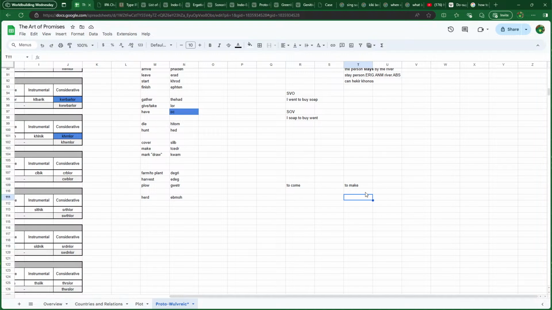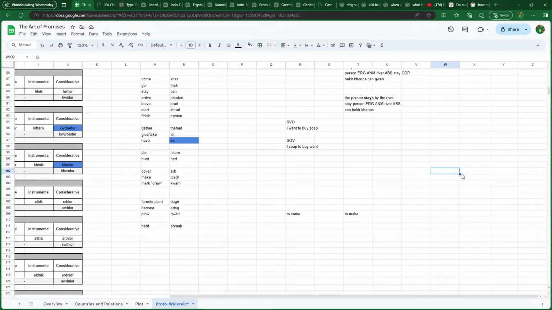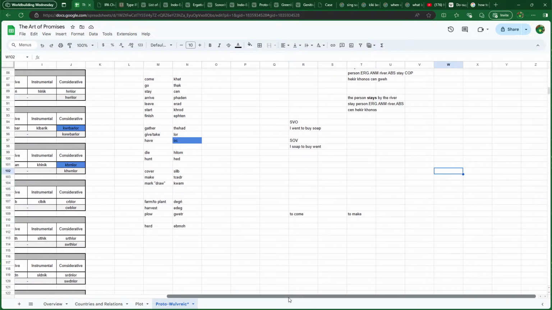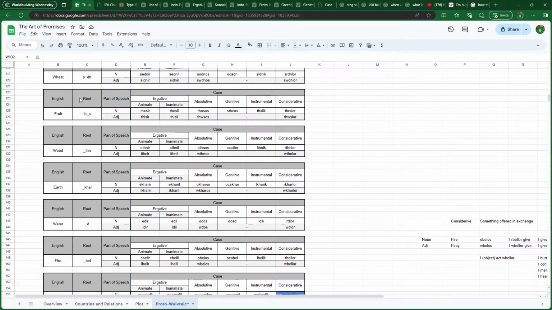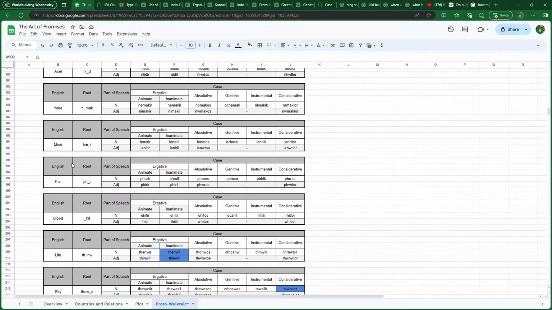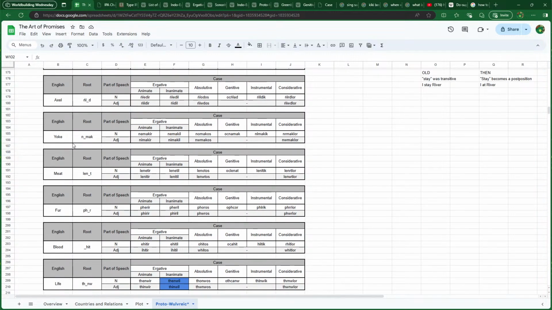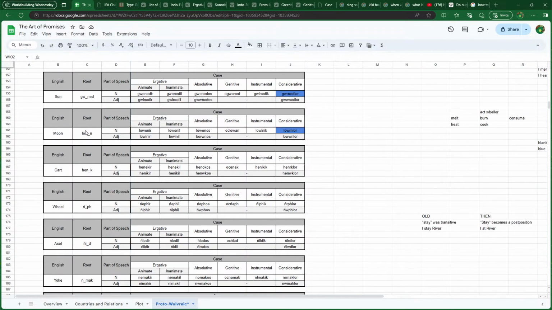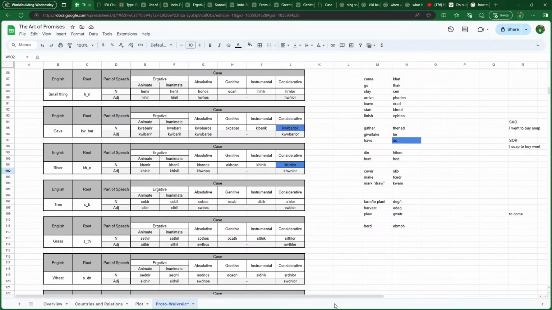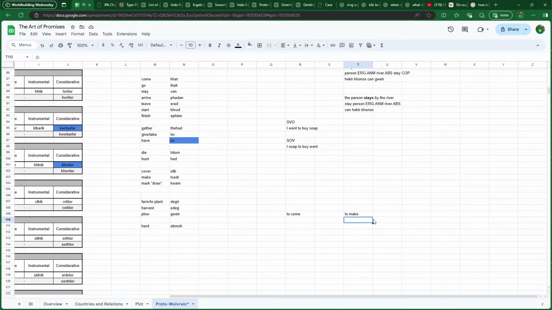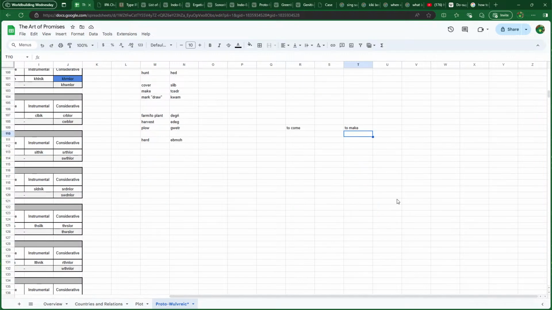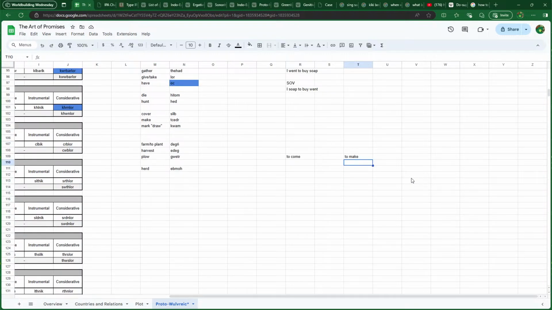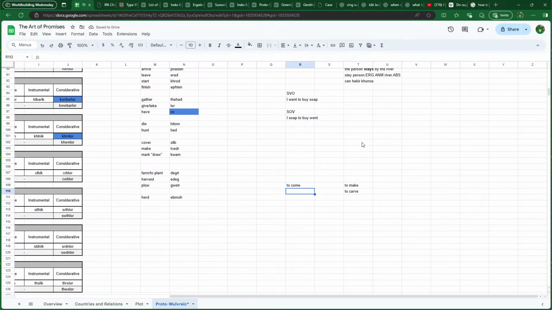I think we've got to determine how they generally make stuff. They have access to technology like the yoke, axles, wheels, carts, and stuff. So perhaps another verb meaning to carve would become to make after make becomes the causative.